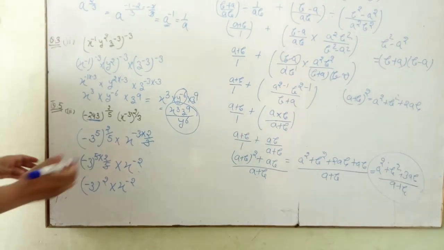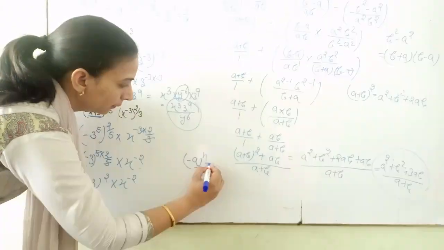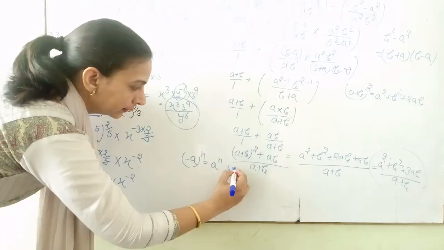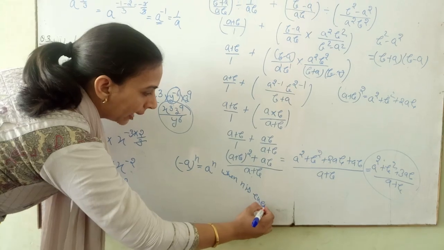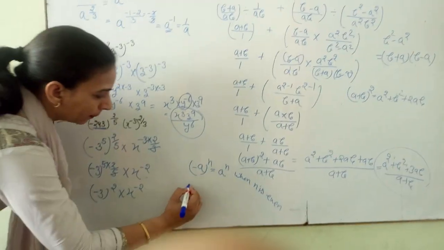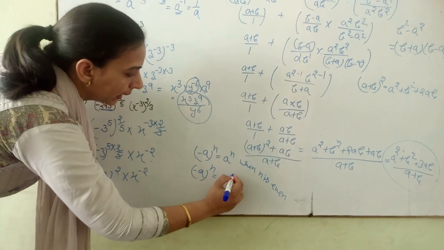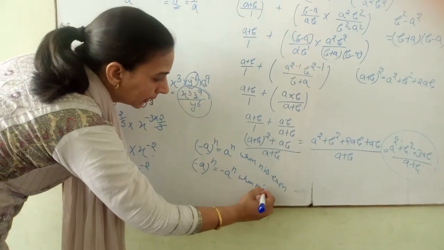Student, we know that minus a raised to the power n, then we can write this as a raised to the power n when n is even, and minus a raised to the power n equals minus a raised to the power n when n is odd.